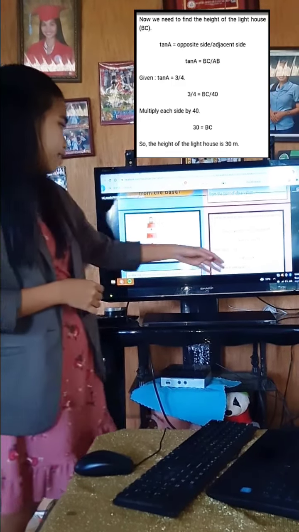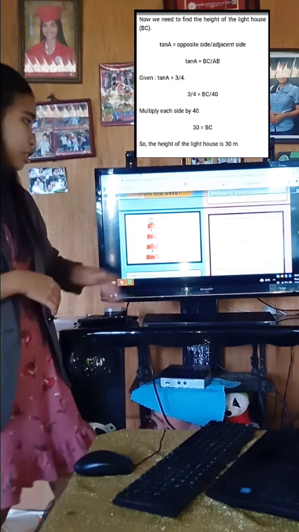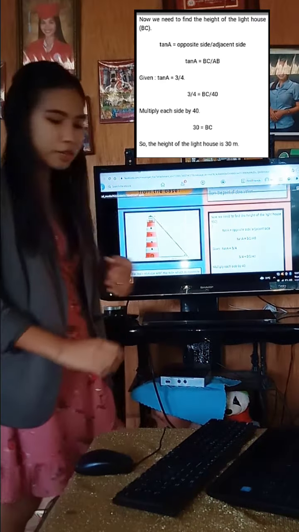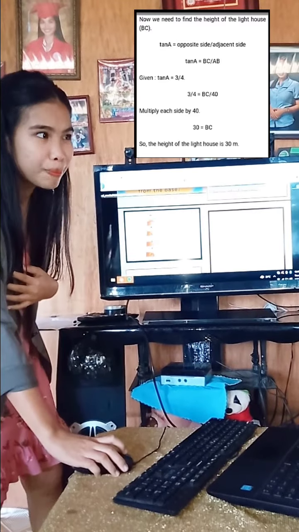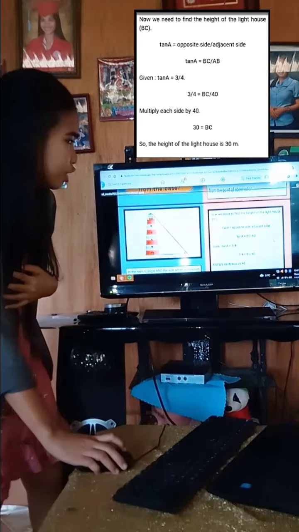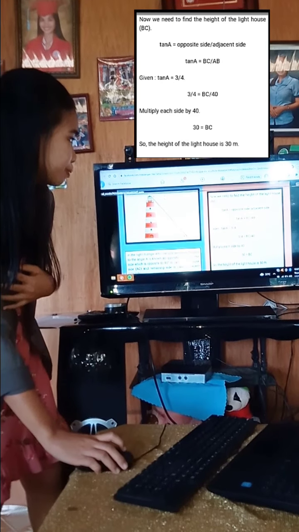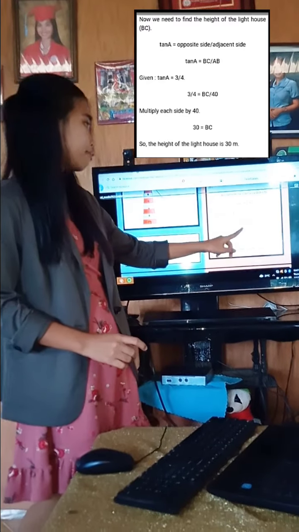The value of our tangent A here is 3/4. So 3/4 equals BC over 40. We replace the known values, then multiply each side by 40.